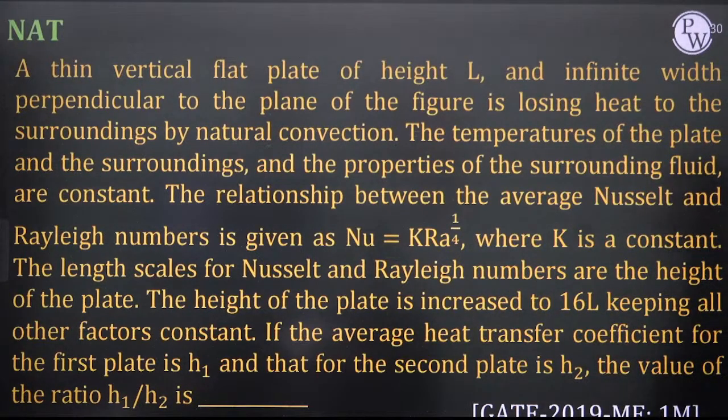K is constant. The length scale for Nusselt number and Rayleigh number is the height of the plate. The height of the plate is increased to 16 L, keeping all other factors constant. If the average heat transfer coefficient for the first plate is H1 and for the second plate is H2, what is the value of H1 by H2?